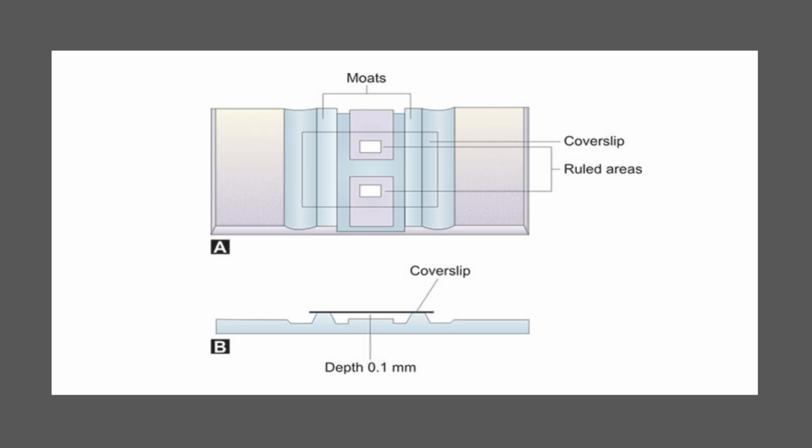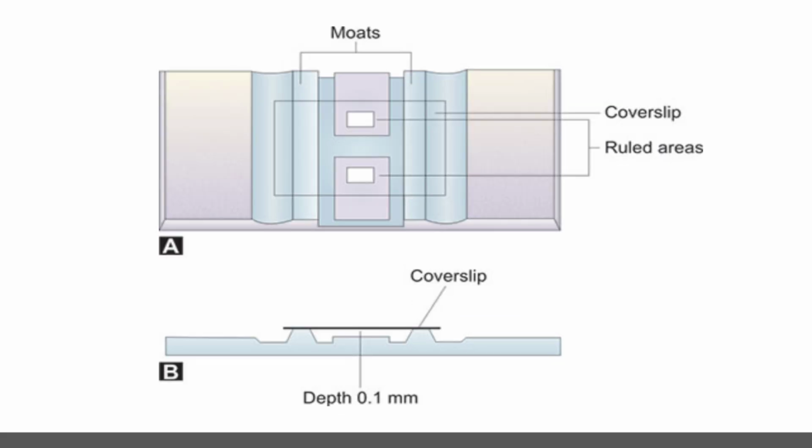Two central platforms and two lateral platforms are separated by gutters or trenches in the form of an H. So we have two central platforms and two lateral platforms.